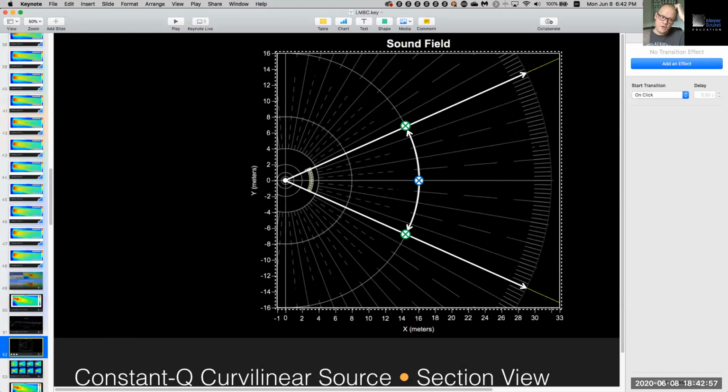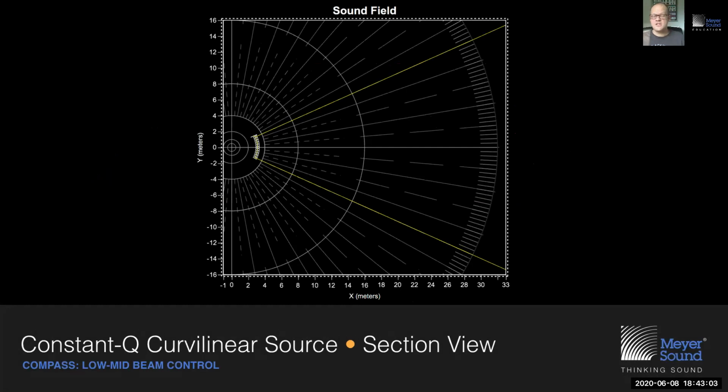And before we look at the solution, I first want to point out that this is already known in 1940. In 1940, Harry Olsen already describes the behavior of curved line sources or curvilinear sources. And he already showed in his book that if we look at a section view of an array, over here we have an array.